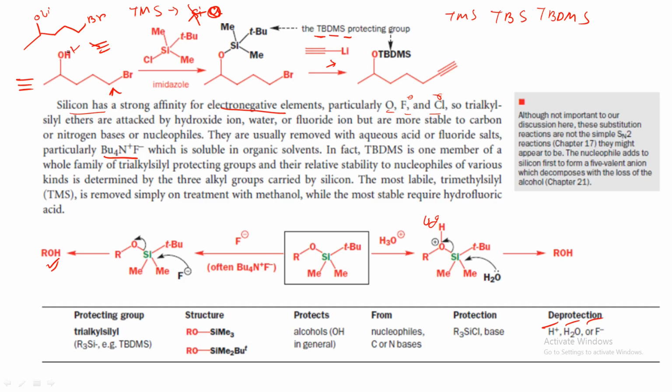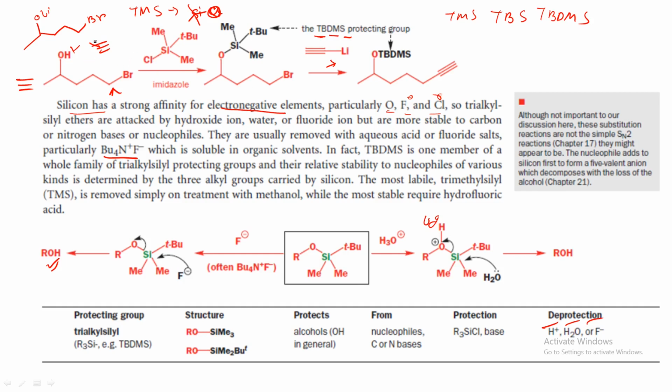In the presence of imidazole, it can be easily protected because this type of silicon molecule has high affinity towards electronegative elements like oxygen and fluoride. So that's why these protection groups are used.